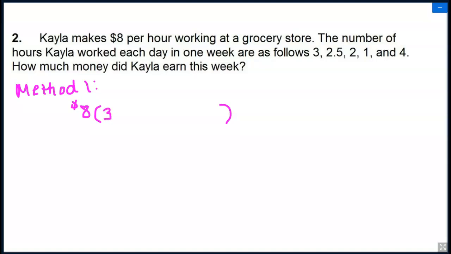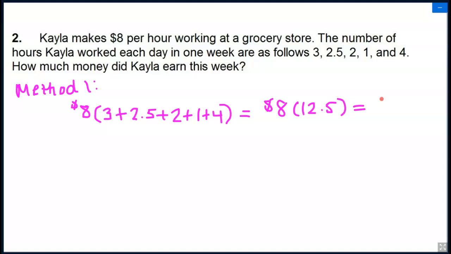So we would add 3 plus 2.5 plus 2 plus 1 plus 4. So she worked 12.5 total hours. Multiply that by $8. And we see that she earned $100 for the week.